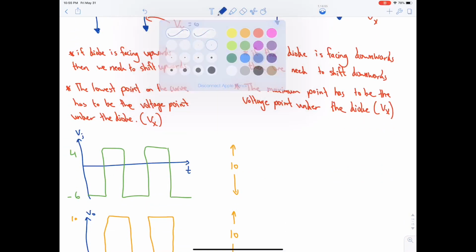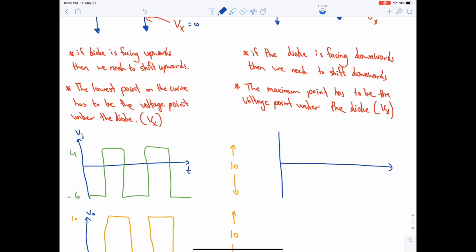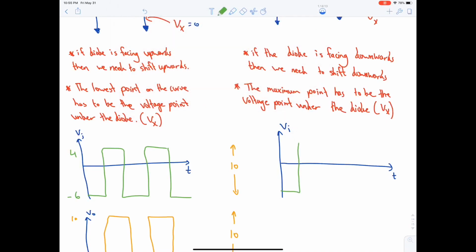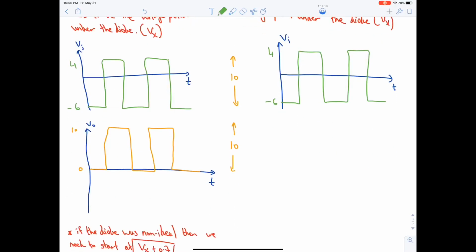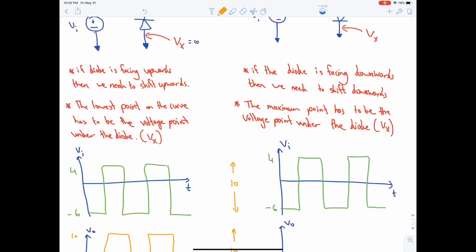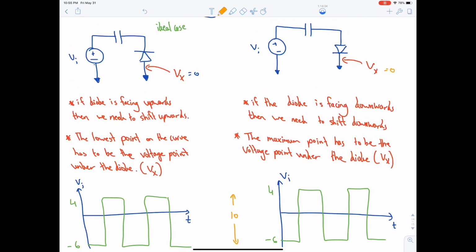We need to be given the reference in order to draw the V output. So Vi with time, let's say it's the same as the previous example, -6 and 4. So V output will be as follows. Time with V output, we are shifting downwards this time, and the maximum point has to be equal to Vx, which is equal to 0.